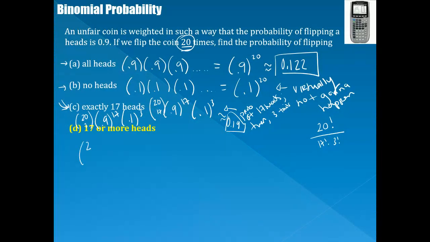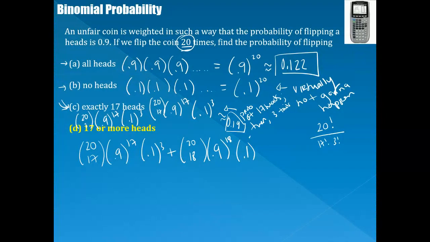Well, let's keep going with that, right? 20 choose 17, 0.9 to the 17th, 0.1 to the 3rd, plus 20 choose 18, 0.9 to the, what am I doing? I'm going up, 18. 0.1 squared, plus 20 choose 19, 0.9 to the 19, 0.1 to the first, right?